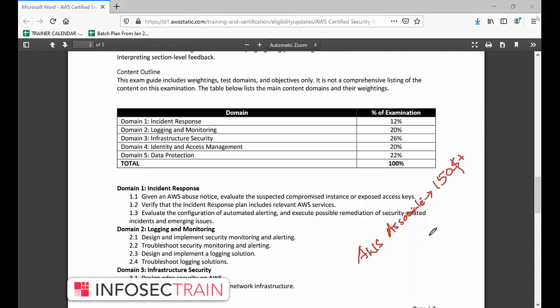So for all the professional and specialty certifications, the cost is $300. Is it clear? So for all the associate certifications the cost is $150, and for all the professional certifications the cost is $300. But still, see, it marks up to some. If I convert to Indian rupees, it can be some 22,000, something like that.